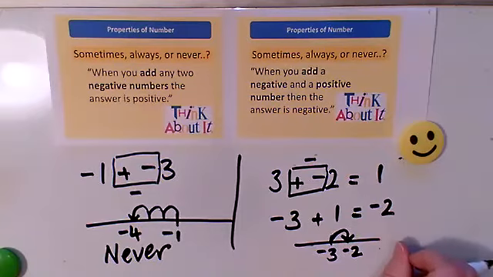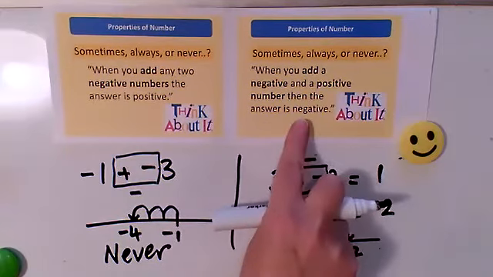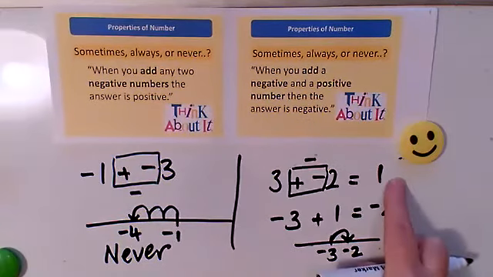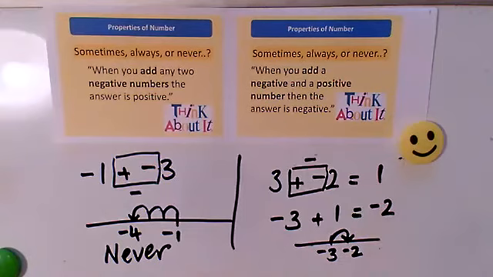So is that sometimes, always, or never? Well, sometimes you can get a negative answer, you can get a positive answer. So the answer for the last one would be sometimes. You might be asked to give examples to justify your answers. So please think through carefully and choose examples that illustrate your point of view.